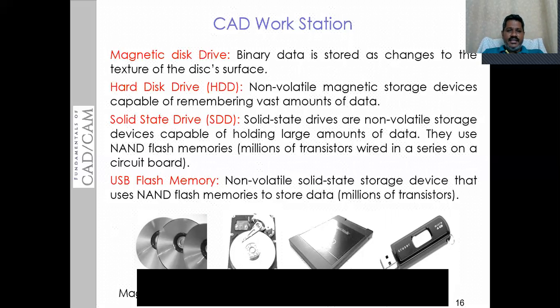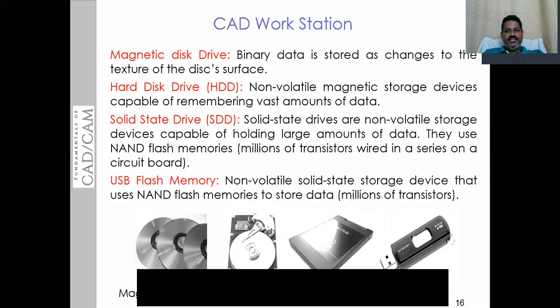The properties of the texture are going to be read by projecting the electron beam on the surface of this disk. The moment you project the electron beam on the surface, the beam is going to read the texture, maybe its depression, its projection, to what extent it is depressed, and to what extent it has projection.